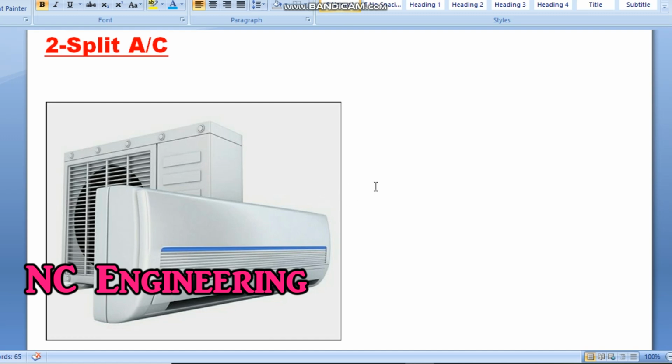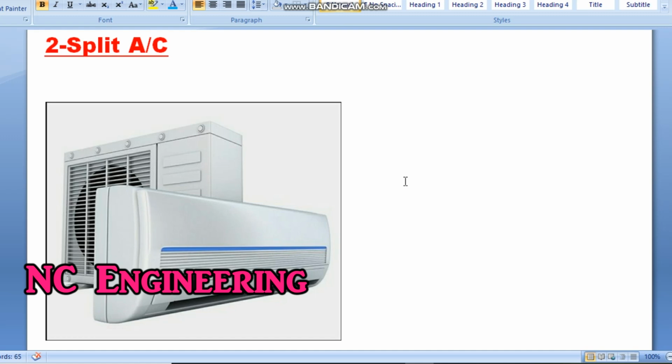This is generally costly in comparison to a window AC because it is divided in two parts and is a decorative type. There is also an installation cost, because when you install these units you need to make piping between them, and there is more maintenance cost also because there are more chances of leakage.